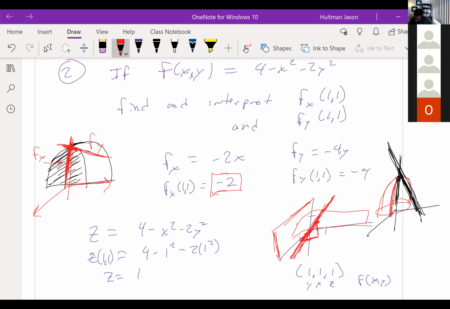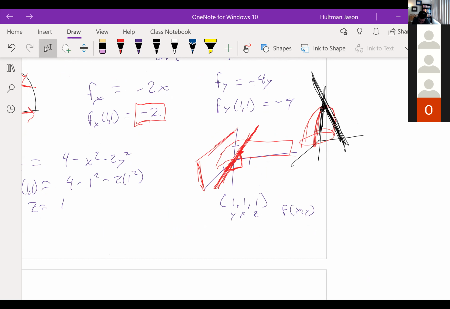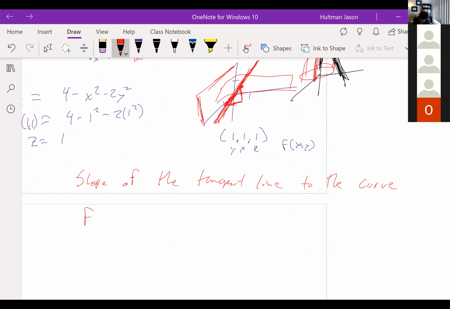So intuitively, what does this mean? This means that the slope of the tangent line to the curve f of x, y at the point (1, 1, 1), parallel along the x-axis, basically.